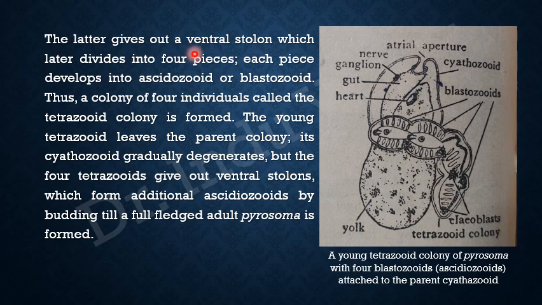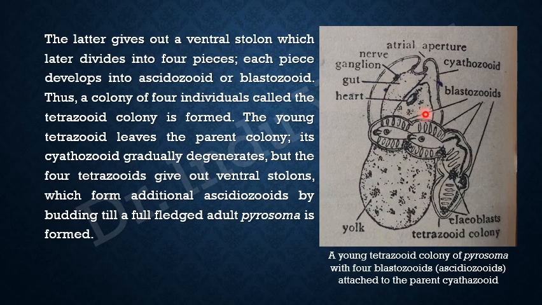The latter gives out a ventral stolon which later divides into 4 pieces. That means the cyathozooid gives out a stolon on the ventral side, and this stolon develops into 4 ascidiozooids or blastozooids, and till they are fully developed, the cyathozooid keeps its existence, and after that it finishes itself.